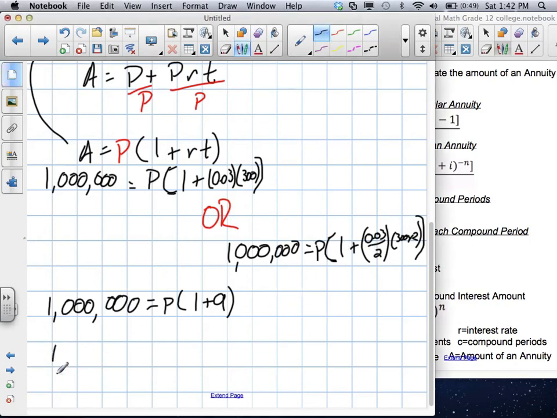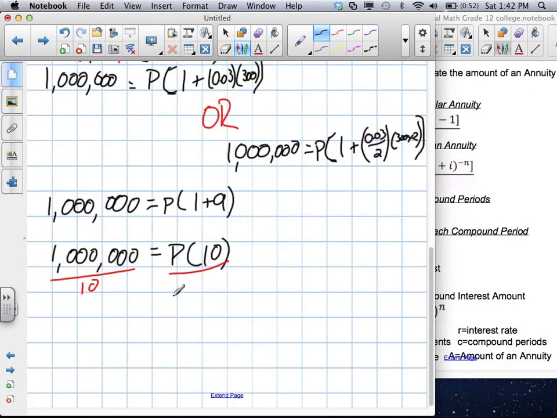We then get $1 million is equal to the principal times 10. We divide $1 million by 10 when we bring it over. What is the original amount of money that he put into the account? Do you know? 100,000.